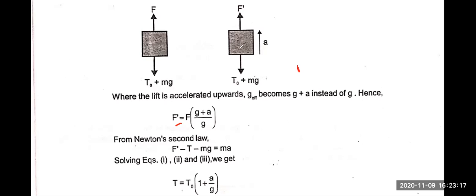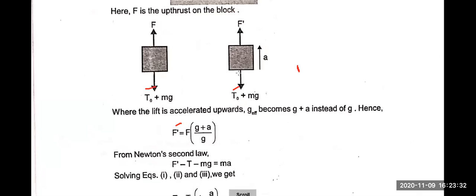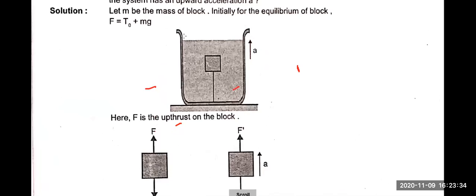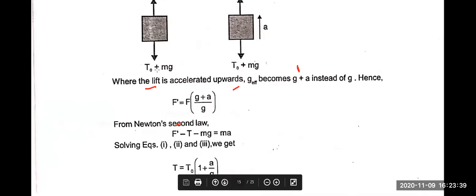Now we can solve for T naught, because T naught is the same for both. So we use the equation that we have found, this one, the first one, and this equation to solve for T. So T is equal to T naught times 1 plus a by g.